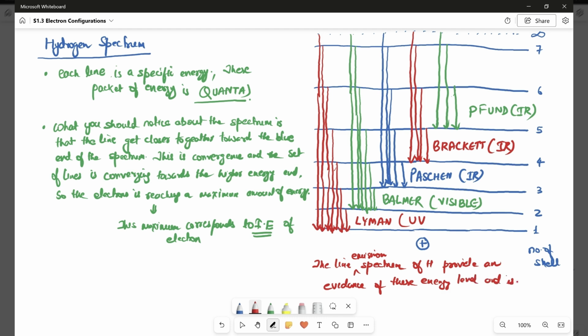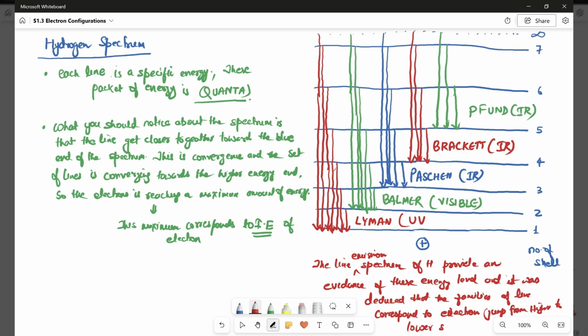And it was deduced that the families of lines correspond to electron jumps from a higher to a lower shell.